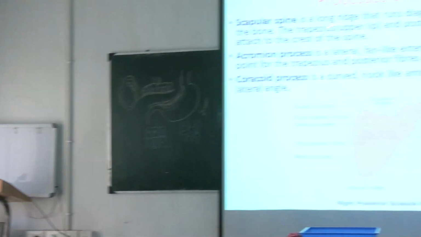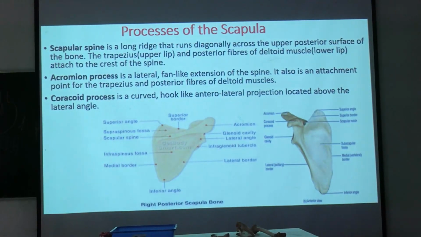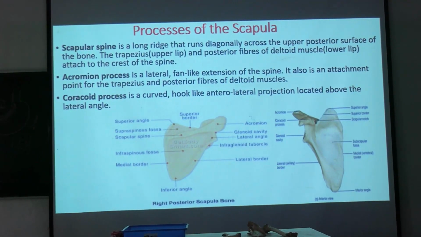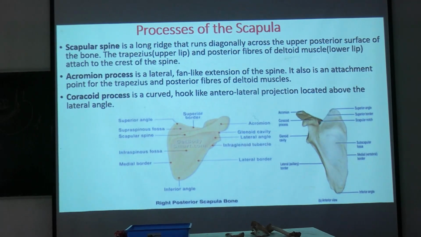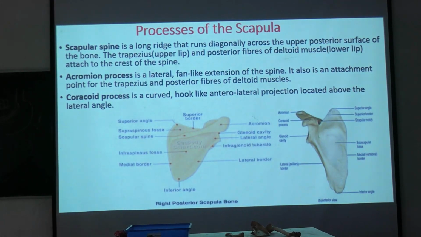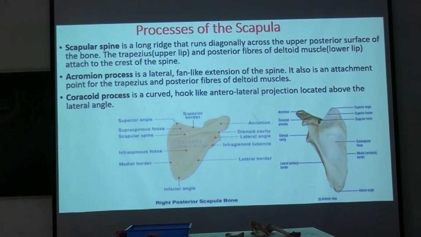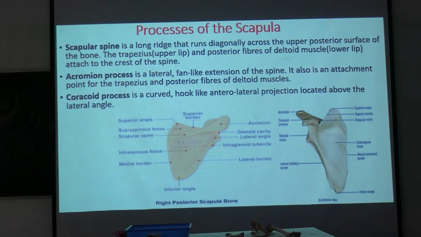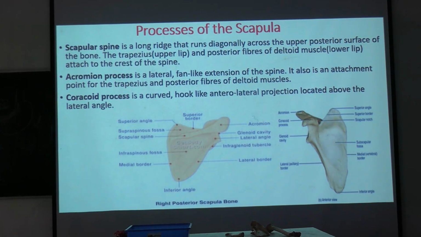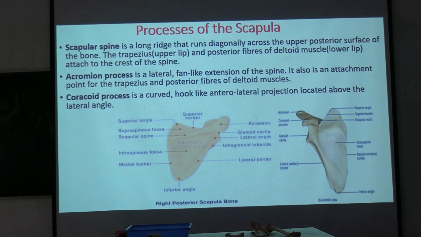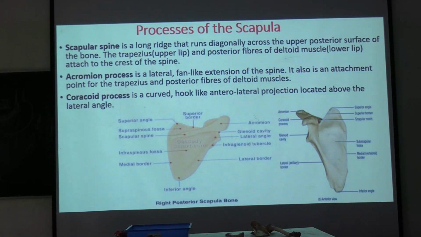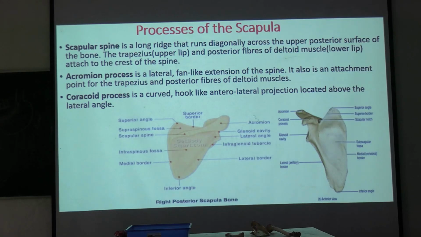You can see the spine, and the trapezius is attached over the upper lip. This is the crest of the spine. So along the upper lip, trapezius insertion is there, and posterior fibers of deltoid originate from the lower lip. Here is the lower lip of the spine. Here is the origin of the posterior fibers of the deltoid. Deltoid muscle has 3 types of fibers: anterior, middle, and posterior.